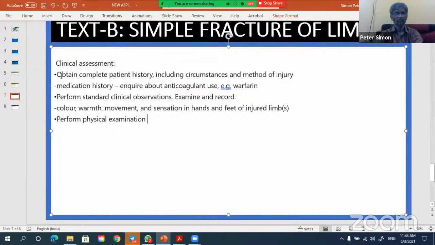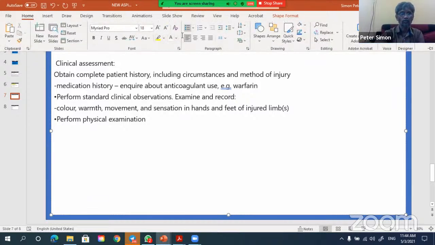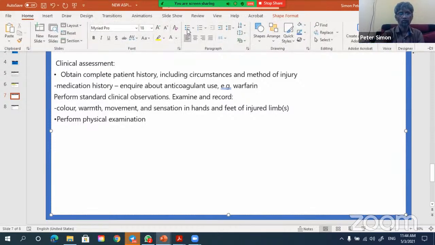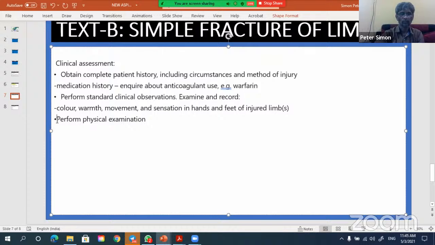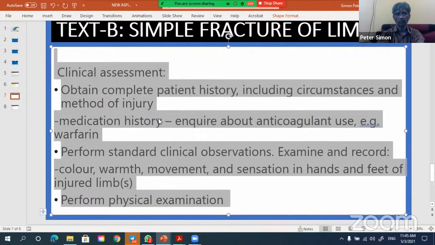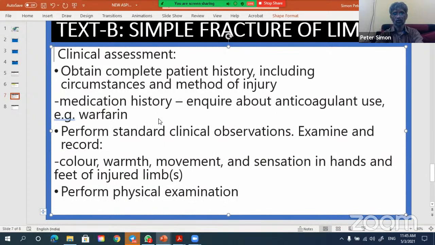So fine. This is talking about clinical assessment.